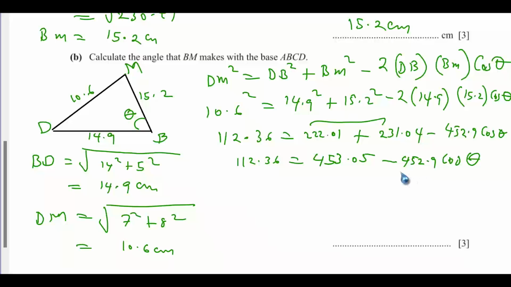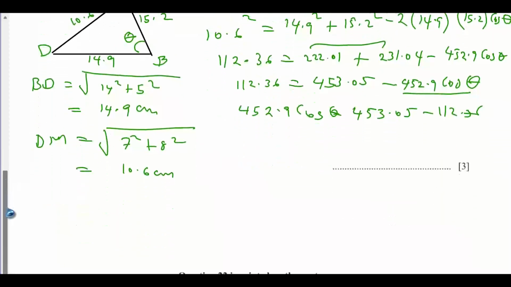So let me take this to the right hand side. That will be 452.9 cos theta equals 453.05 minus 112.36.